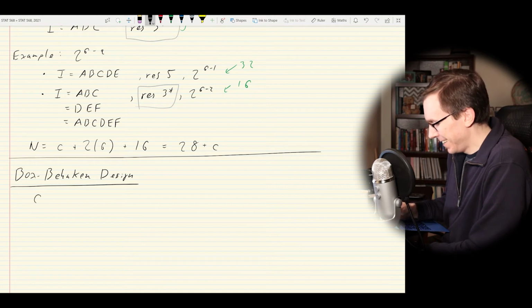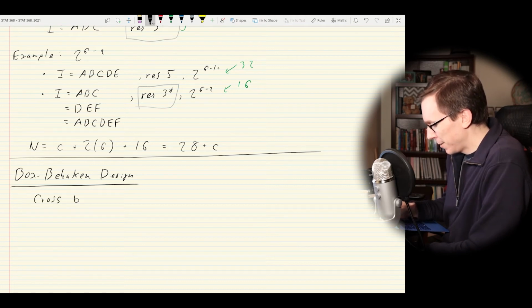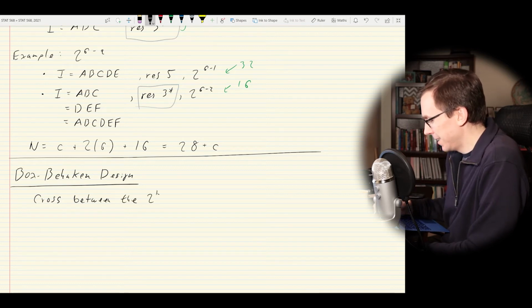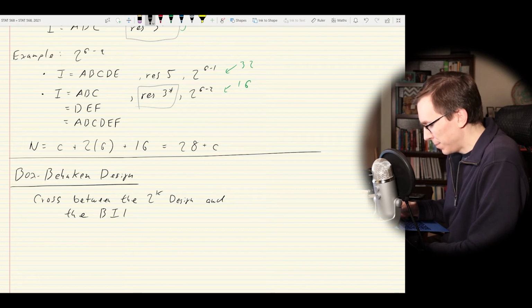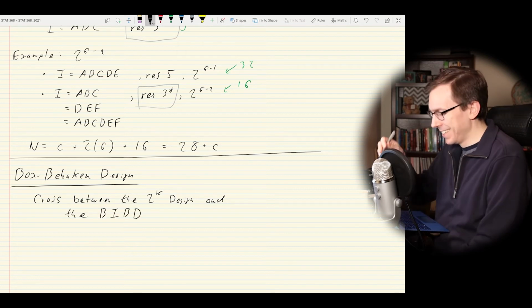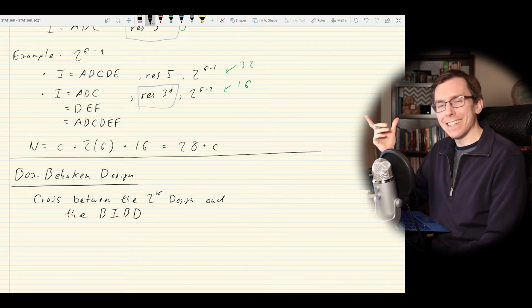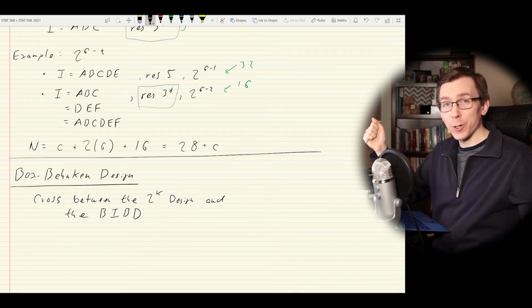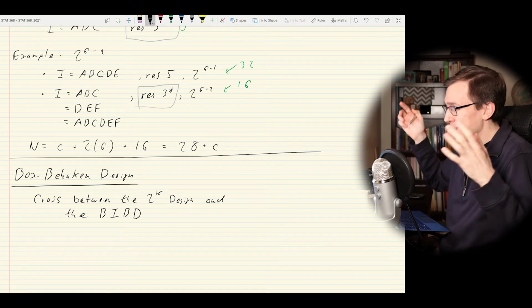So this is a cross between, I think, a 2 to the k design and the balanced incomplete block design. So this is kind of fun in the sense that it takes 2 different designs that we talked about earlier in the course and crams them together into one super design.